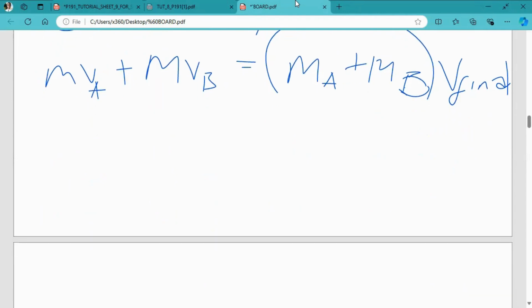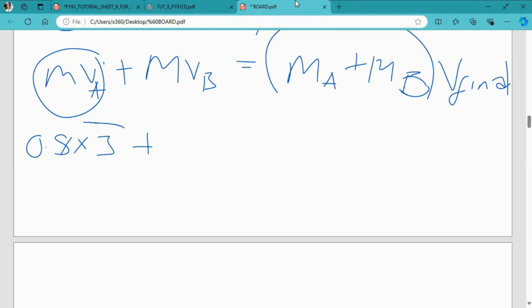So what is mv of the first object? Mass multiplied by velocity of the first object. So we've said the mass is 0.8 multiplied by the velocity, which is 3, plus what is the mass of B? They've told us the mass of B is actually twice the mass of A.